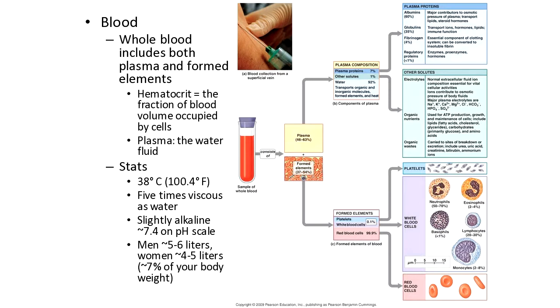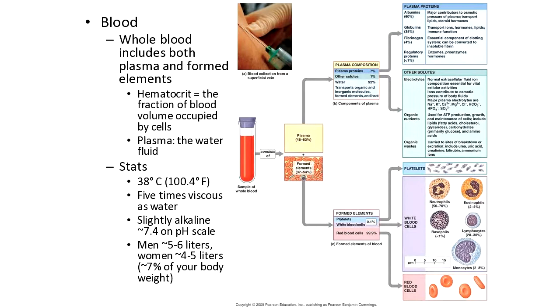So when we actually separate whole blood into plasma versus formed elements, you almost can see through plasma. You still see a little bit of cloudiness because there's some things suspended, like proteins and ions and small molecules, but you're getting closer to almost pure water.